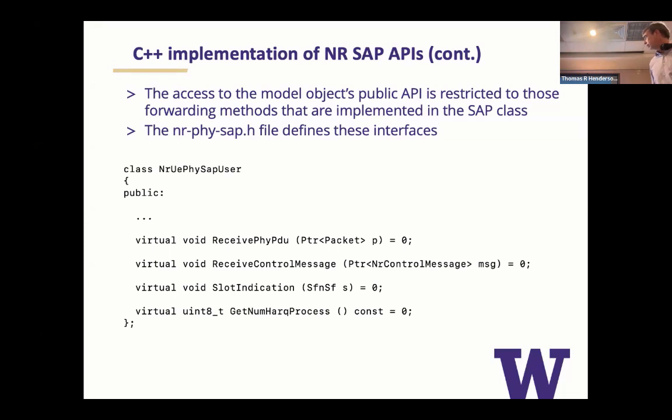So it's able to pass up a PHY layer PDU. It's able to pass up a control message. It's able to note that there's a new slot starting and pass up this, or make available this getter method as well. And other things that might be available at the MAC layer are inaccessible directly through this interface. So when we want to do extensions to get more information to enhance our models, typically we have to plumb them through as new attributes or parameters through these APIs.